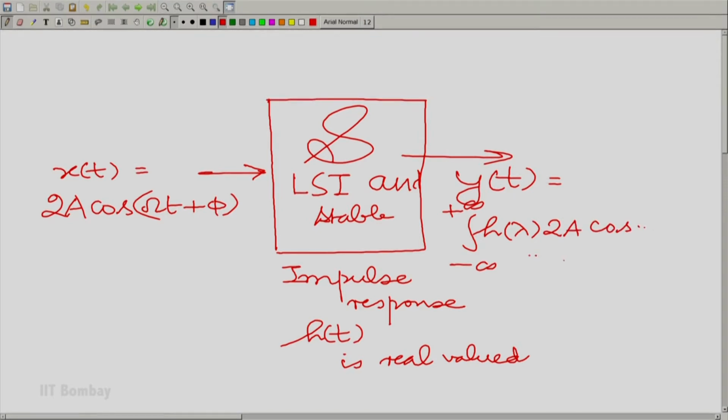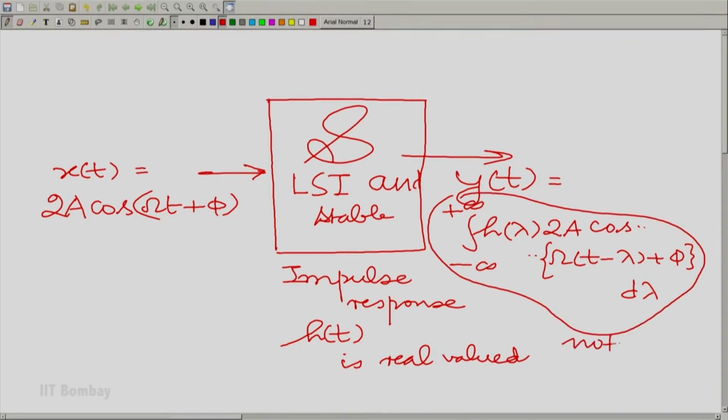The output was y(t), given by convolution, equal to the integral from minus to plus infinity of h(lambda) 2a cos(omega times (t minus lambda) plus phi) d lambda. As we said, not easy to evaluate. Now, let us think of that same sinusoid as broken into two rotating complex numbers.